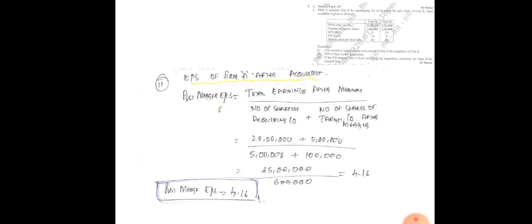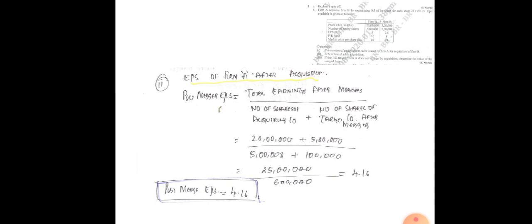If there is a synergy gain, we take the synergy gain into consideration. If there is no synergy gain, we just take the earnings divided by the number of shares of the acquiring company, as given, the 5 lakh shares, right? Then the number of shares of the target company after the merger, right?